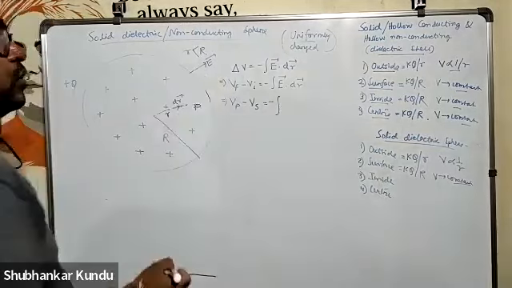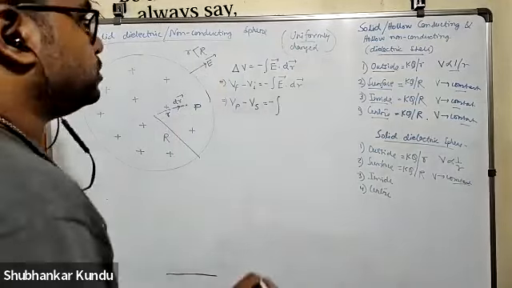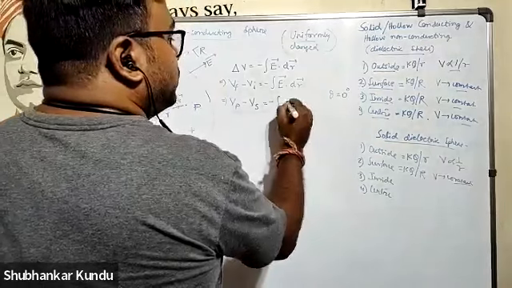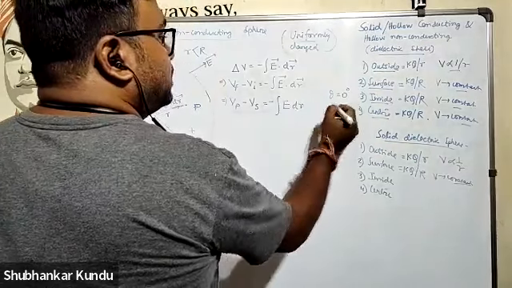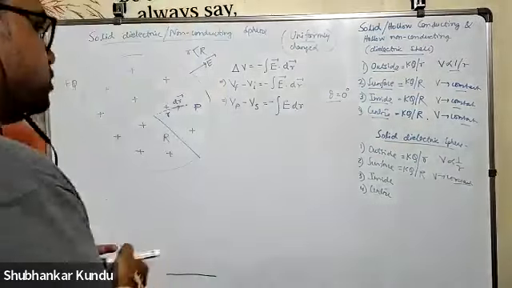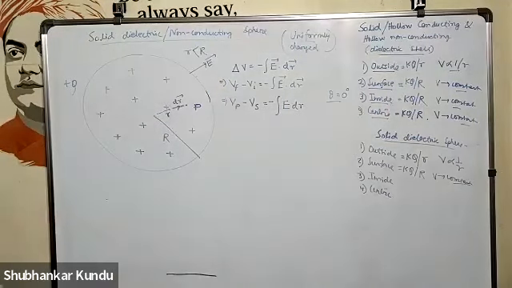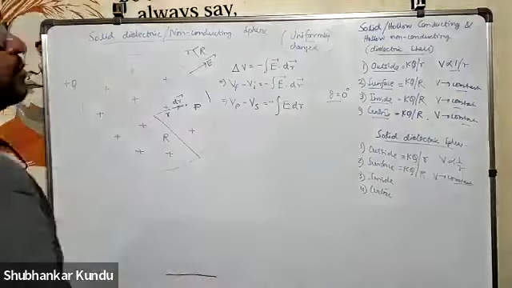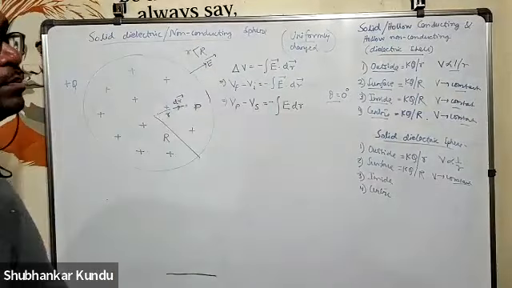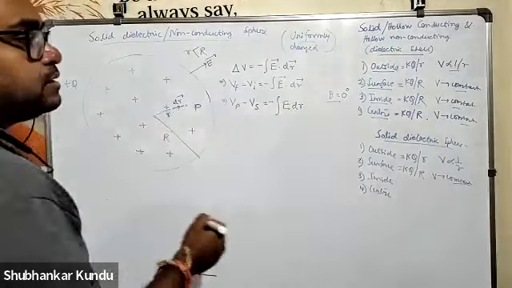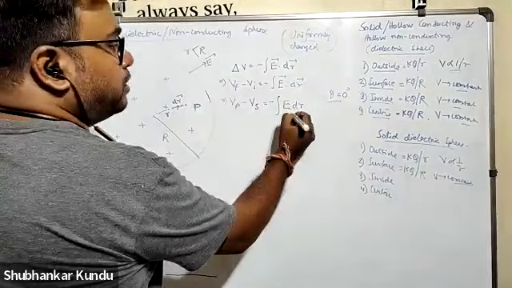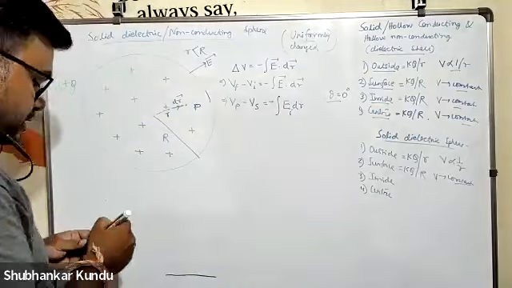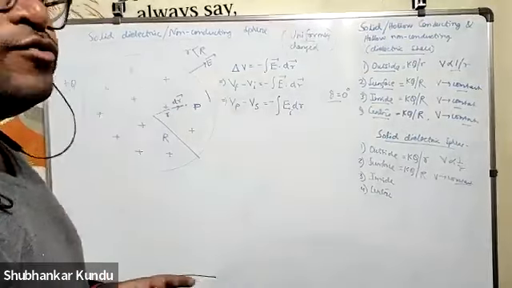So dr and E are in the same direction, theta is equal to 0 degrees, cos theta is equal to 1, and we'll be writing only E dr. And what is this electric field? We are talking about the potential at P, considering the inside case, so this will be the electric field inside a solid dielectric.